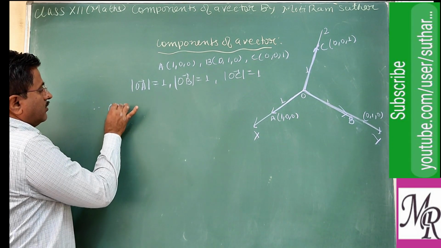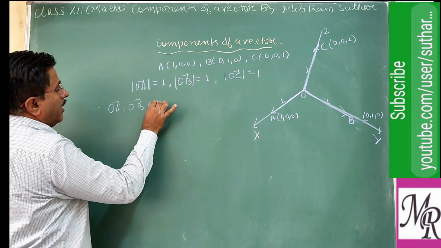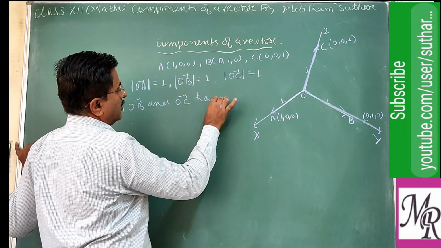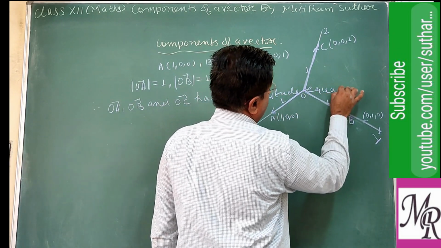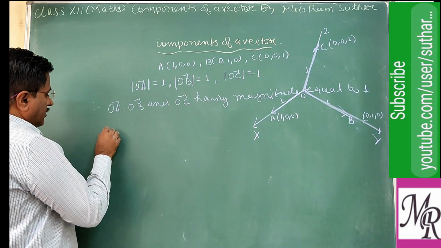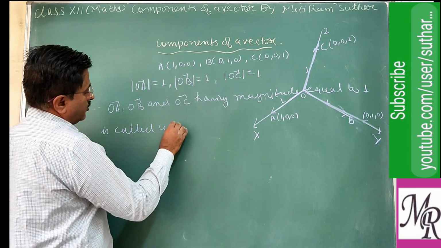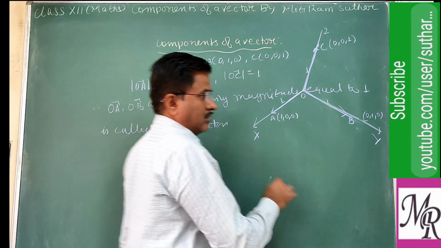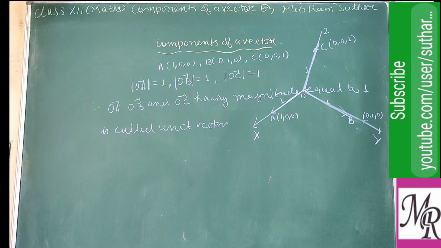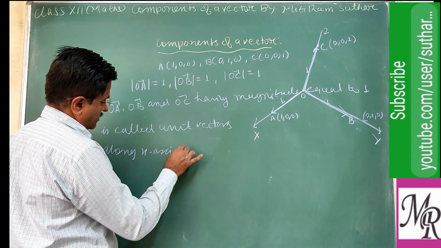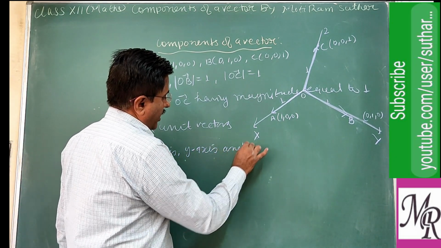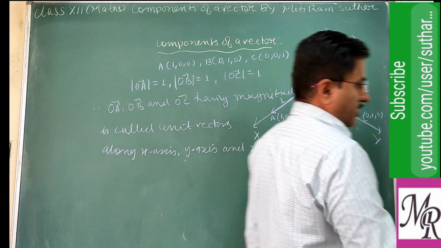So vector OA, vector OB and vector OC, having magnitude equal to 1, are called unit vectors along the x-axis, y-axis and z-axis respectively.